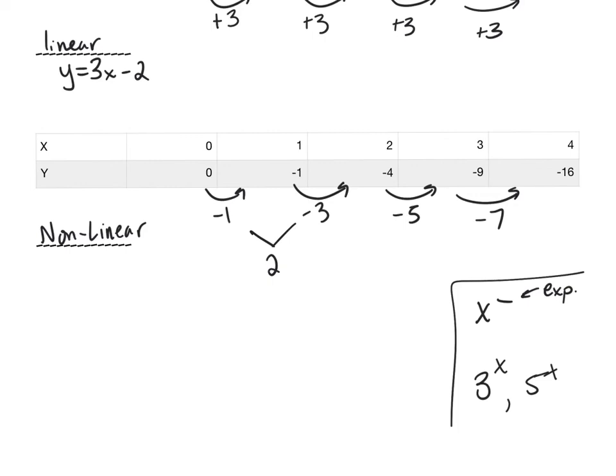Negative 3 minus negative 5? 2. Negative 1 minus negative 3, negative 3 minus negative 5, negative 5 minus negative 7.